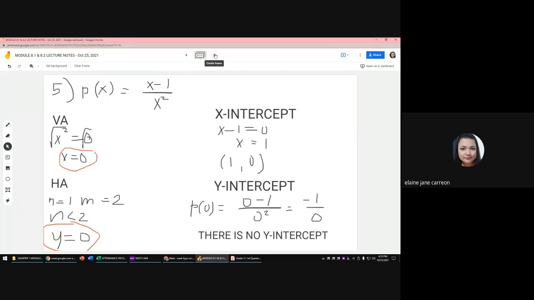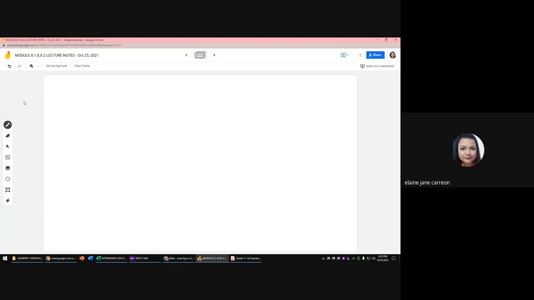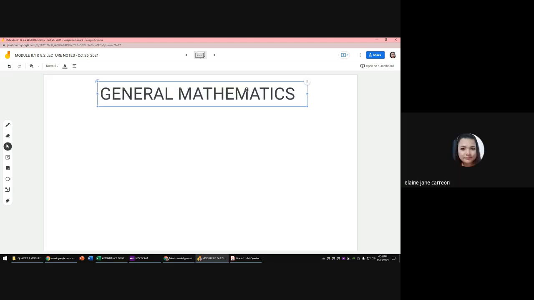So, ganito lalagay natin. So, kunwari, title, maglagay kayo ng separate na page. Huwag yung tipirin. So, general mathematics, i-type ko na lang. General mathematics. Ito yung subject natin. Pwede rin naman GenMath, okay?